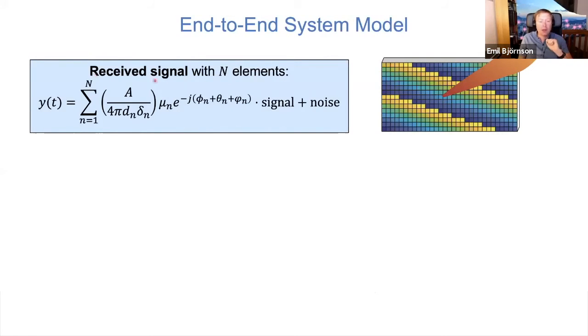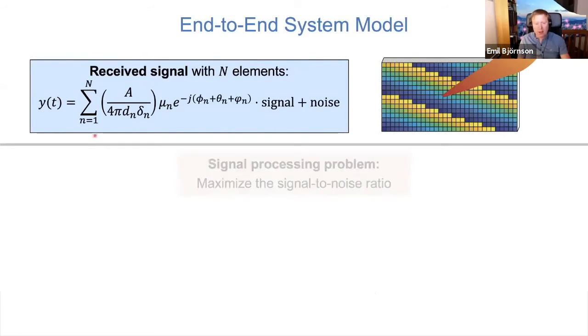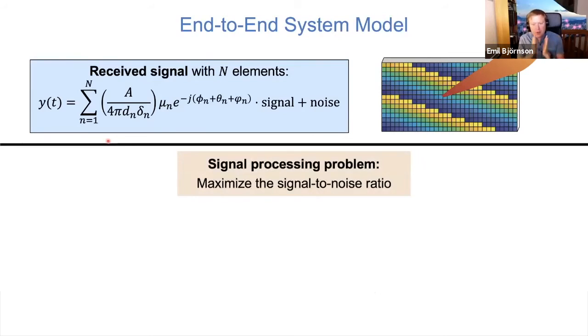You sum it up for all elements, and then you add noise, and that way you get the received signal. And the signal processing problem will then be to maximize the signal to noise ratio. And by doing so, you will be actually forming a beam towards this user, or focusing the signal at the user. And it is then the summation here that you would like to make as large as possible in absolute value squared.